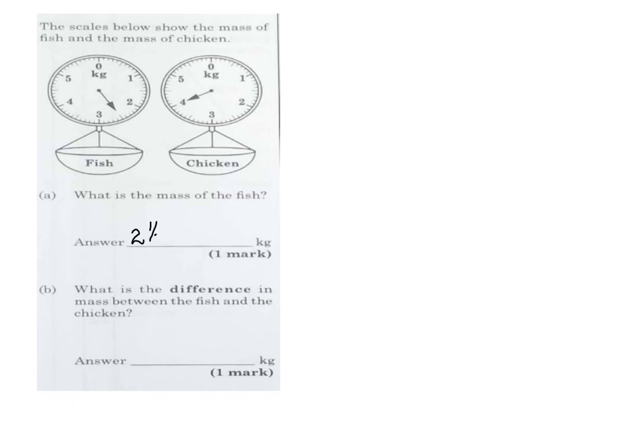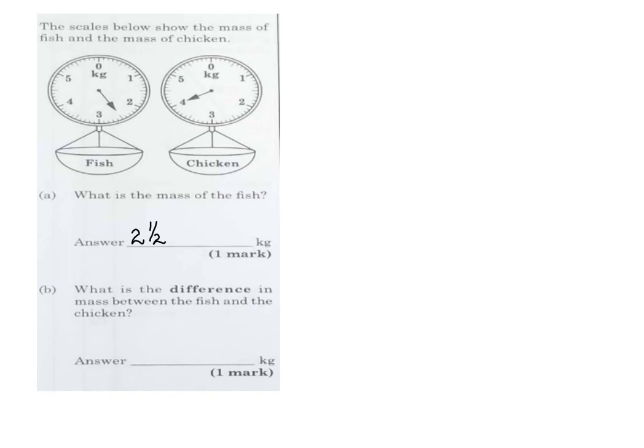So if we want, we could write the answer as 2.5 kilograms. How would we write 2.5 as a decimal? You remember how to write a fraction as a decimal? So we have a fraction and a half, that's the part that we really need to put as a decimal.